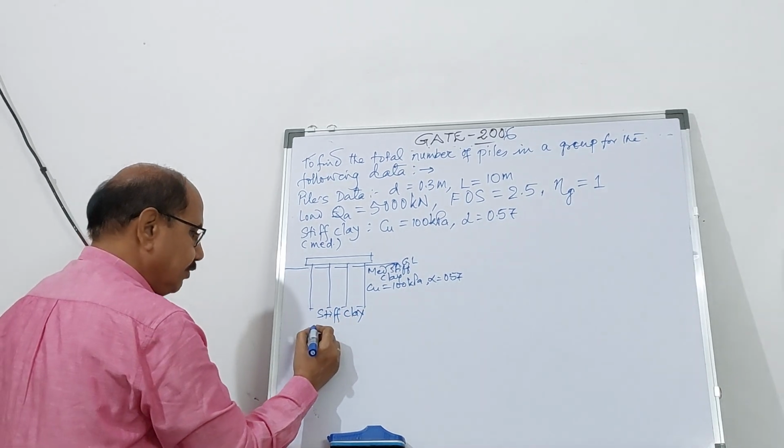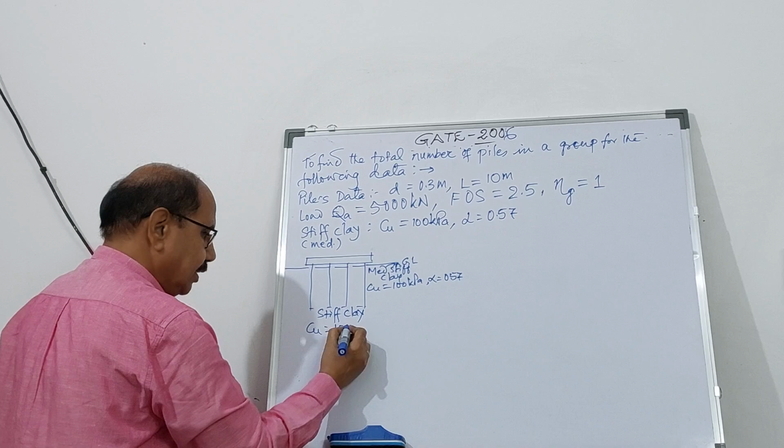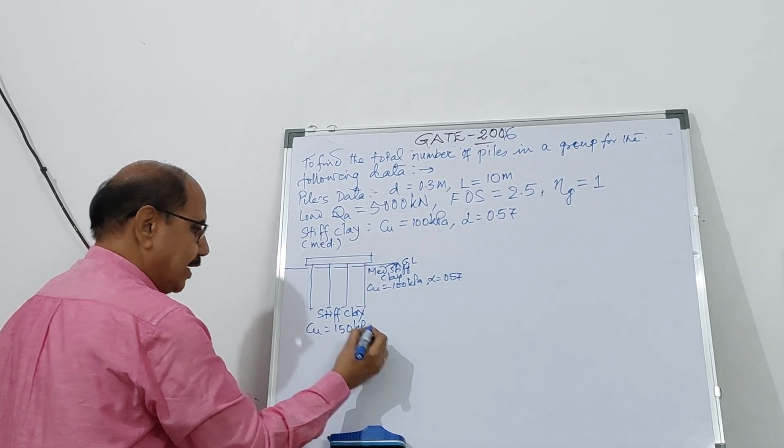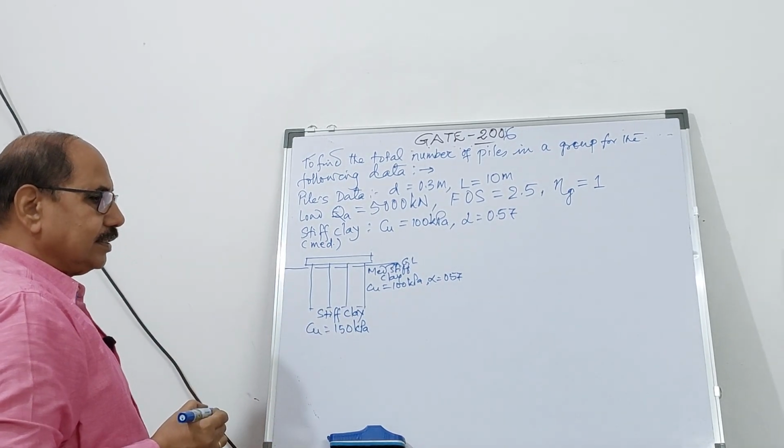It is a stiff clay with Cu equal to 150 kPa at the bottom, at the tip of the pile.